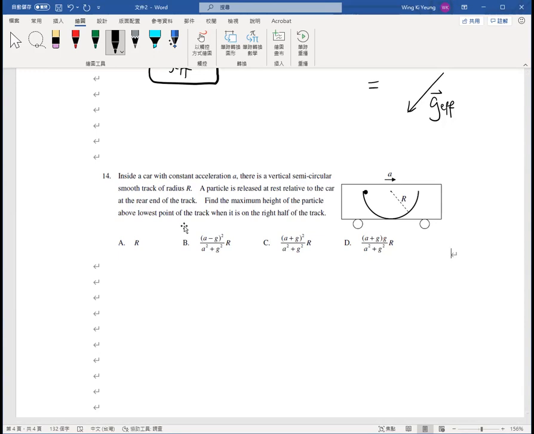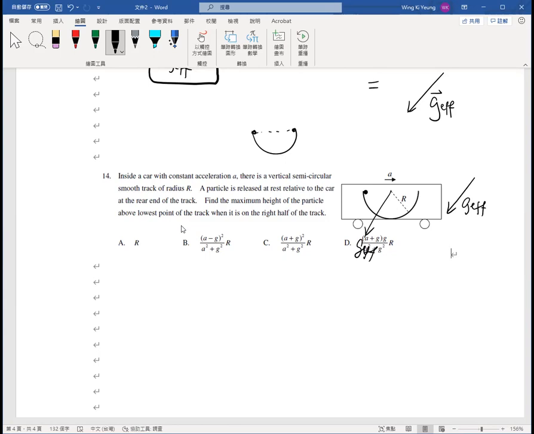So how can we do it? We consider the effective G. The effective G has some angle, in this direction. Although you don't know how to find the height, you don't have any concept about energy right now, so just consider you didn't learn about it. If the effective G is in this direction, then you know the ball can just go to the same height, just like if there's no acceleration of the car, the ball will go to the same height.